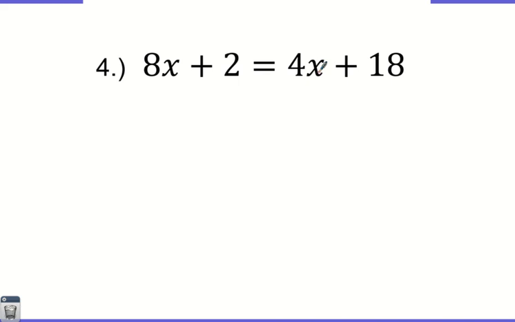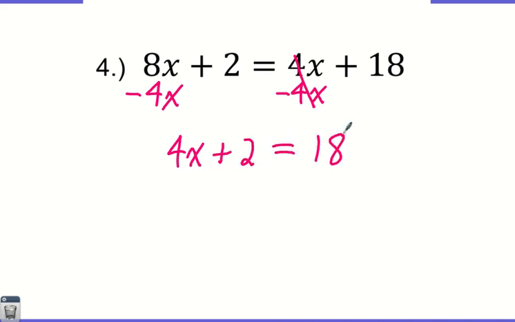But there is a variable on both sides. So we need to get the variable only on one side. 8x minus 4x is 4x. And once again, once you have the variable only on one side, now you work on getting that variable x all by itself, by getting that plus 2 out of there by doing the opposite. 18 minus 2 is 16.